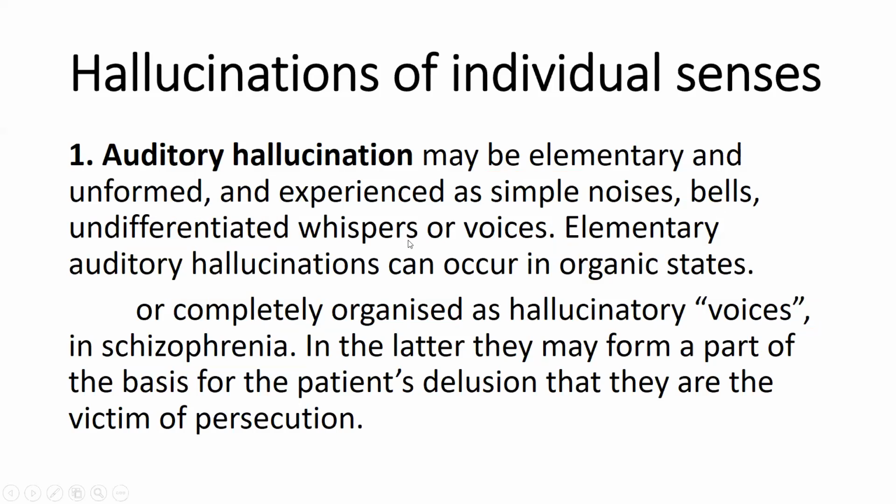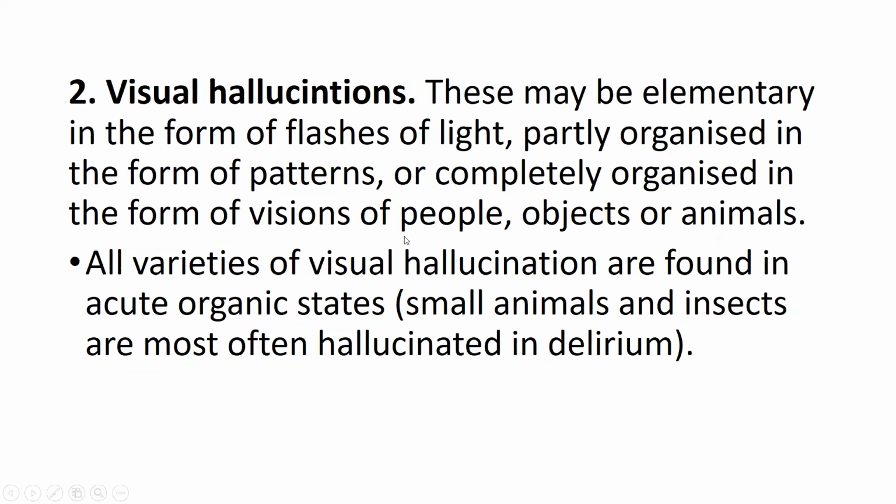Visual hallucinations. Usually it's visions of objects, people, and they can be organized or not so much, but all of them actually are just because of organic states or so-called acute organic states. In this example, there are small animals, insects, in a person who has been hallucinating in a delirium, or a person who takes cocaine or something like that.